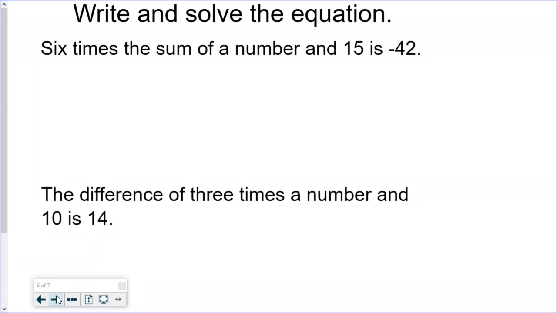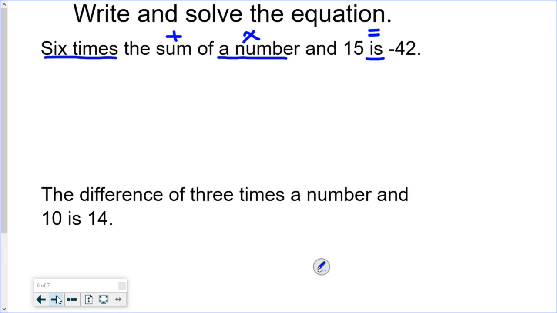Okay, now here are 2 problems. First, we have to write them out. Are you ready? So it says 6 times the sum, which means plus, of a number we don't know. So when you see a number, think of it like X, Y, N. That means your variable. And 15 means equals 42. Okay, so 6 times the sum of a number and 15.